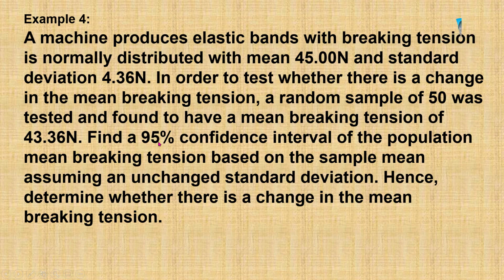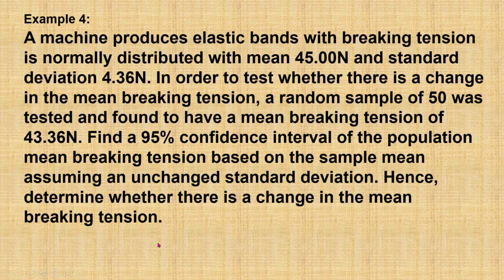Find a 95% confidence interval of the population mean breaking tension based on the sample mean, assuming an unchanged standard deviation. Hence, determine whether there is a change in the mean breaking tension.